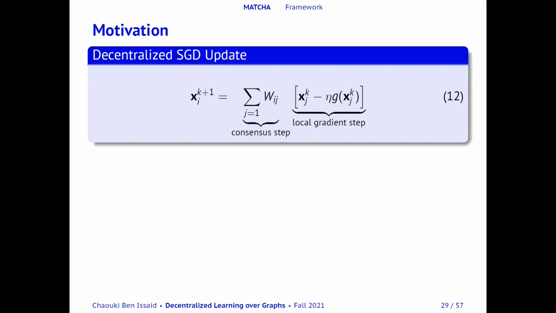First, let's revisit the update of decentralized SGD given in equation 12. This consists of 2 parts. First is the local gradient step, and the second part is the consensus step, where nodes exchange information with their neighbors.